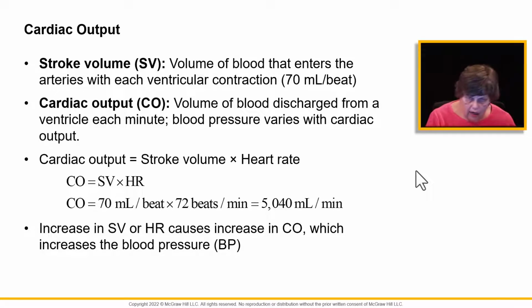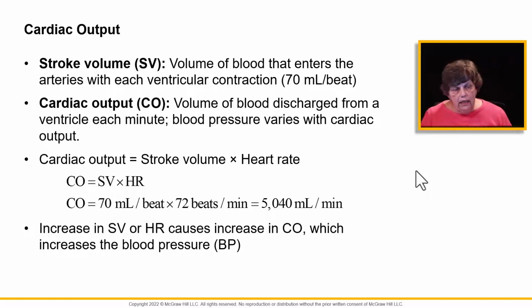So when the heart beats, how much blood is going out with the contraction? About 70 mLs. And that's a ventricle. So the cardiac output, the stroke volume times the heart rate, is about 5,000 mLs a minute. Basically, what's in our blood volume that we talked about.